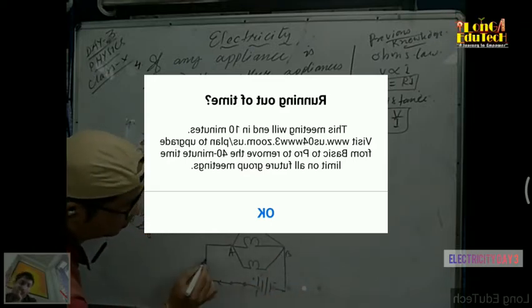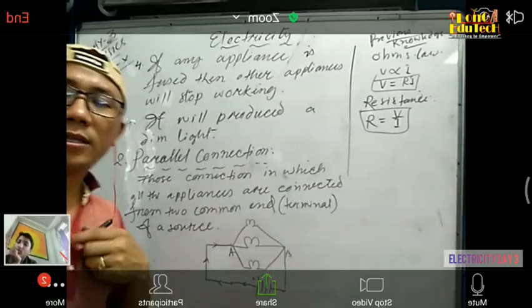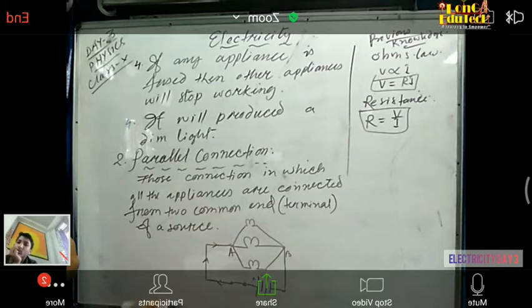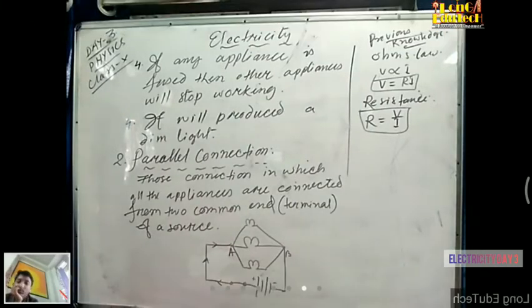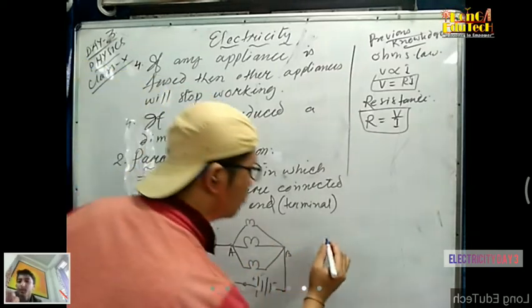So this is all about the bulb. And if I draw in terms of resistance, we are not going to draw the bulb and all, so we are going to draw in this way.